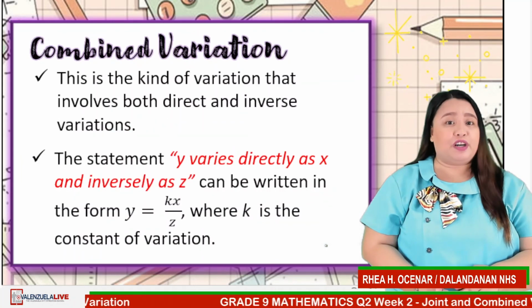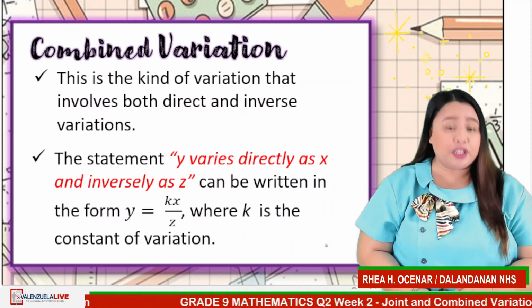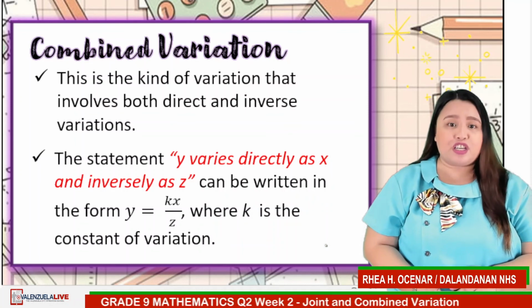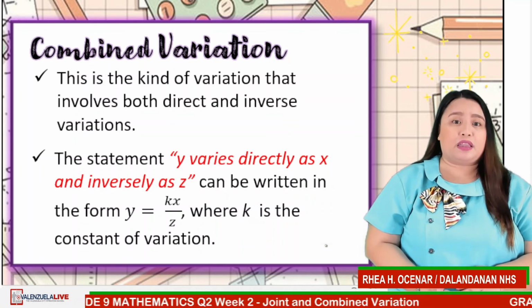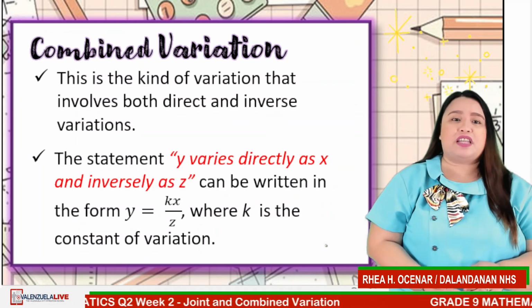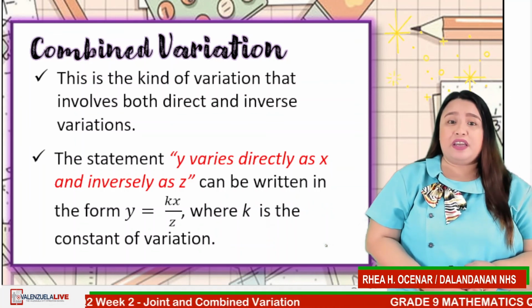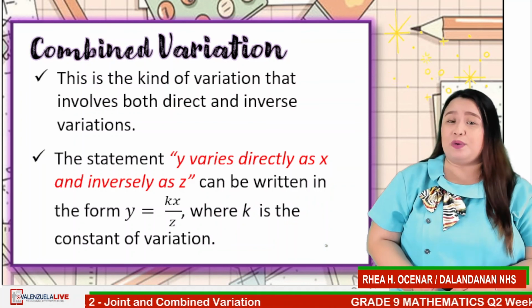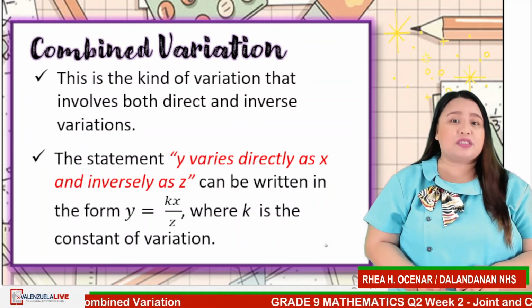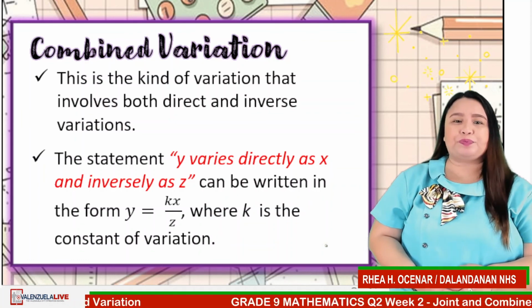Meanwhile, combined variation is a kind of variation that involves both direct and inverse variation. The statement y varies directly as x and inversely as z can be written in the form y is equal to kx over z, where k is the constant of variation.